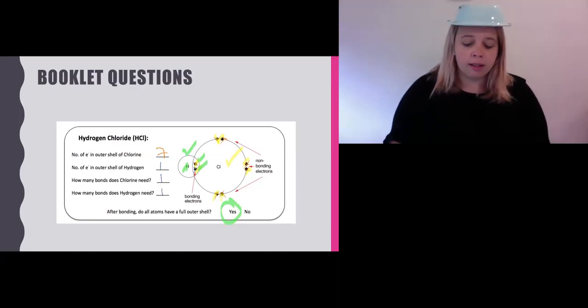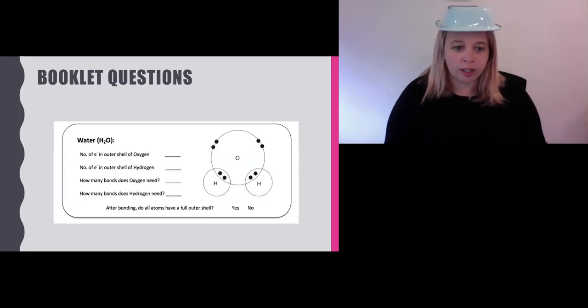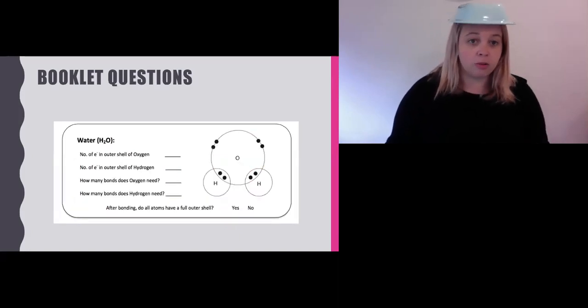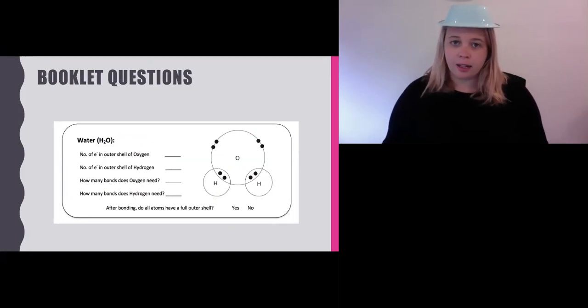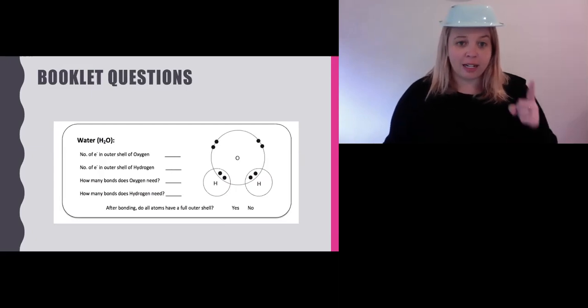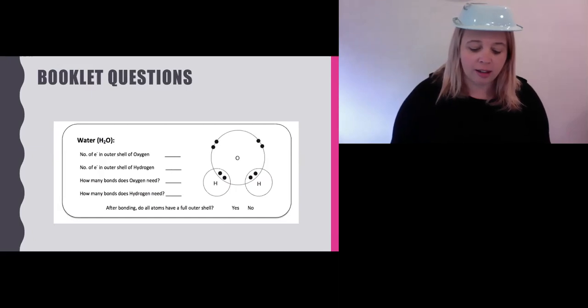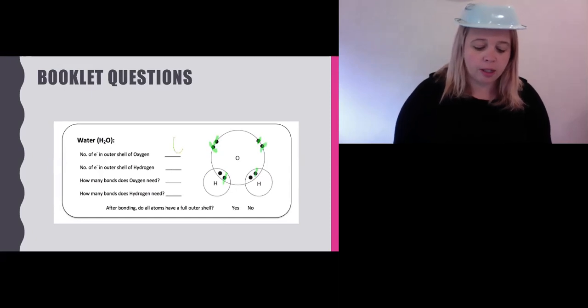Okay, let's do one more of these booklet questions so that we make sure we're there. Give it a pause and see how you go, and let's come back in. All right, so how many outer shell electrons are there in oxygen? Let's count them. 1, 2, 3, 4, 5, 6. So we should end up with 6.